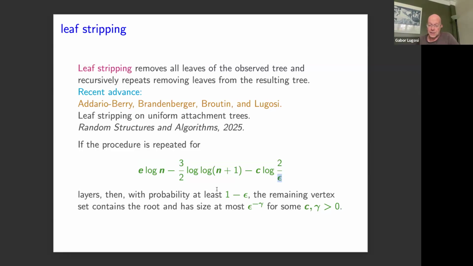What remains in the core contains the root with probability at least 1 minus epsilon, and the size of the little tree that we are left with only depends on epsilon, as a polynomial of epsilon that we don't really know exactly. It's challenging to actually get the exponent, but we can show that you do need an exponent. So you cannot hope for those really strong results that you get for maximum likelihood. But this really simple method also works.